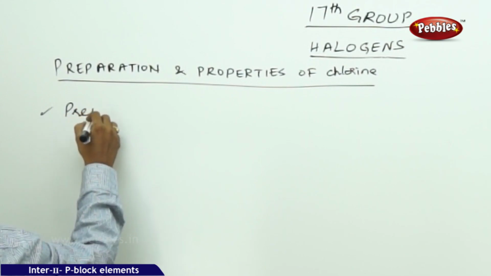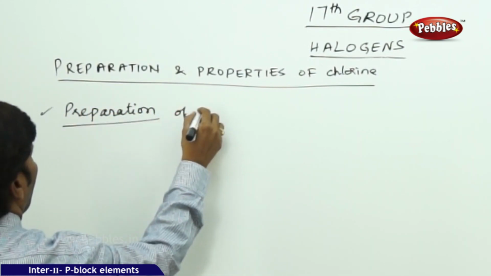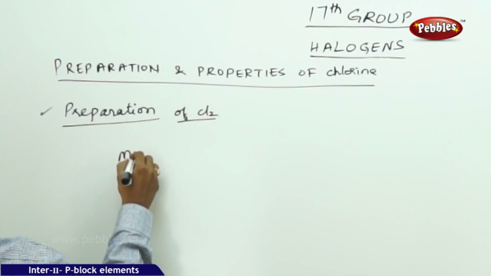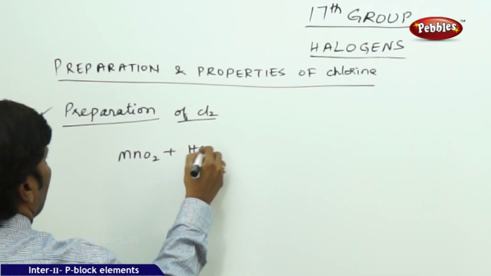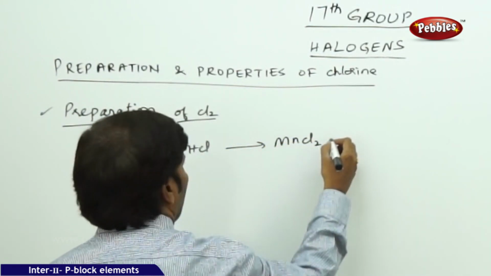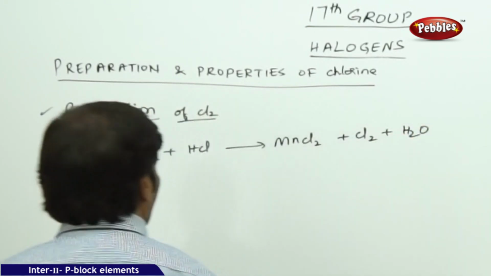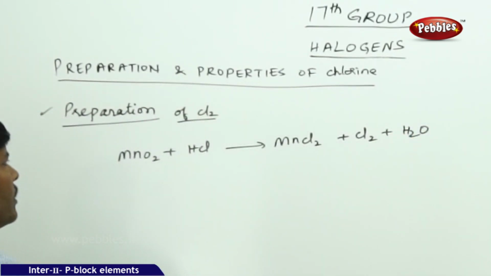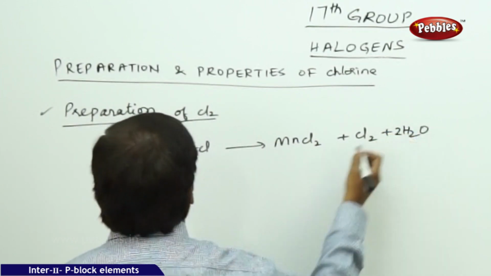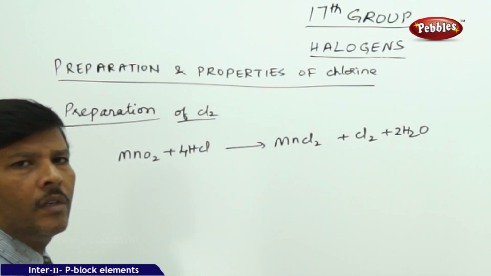In the preparation of chlorine, you can take manganese dioxide when treated with HCl, it forms manganese chloride plus chlorine plus H2O. Yes, we can balance the equation. If I take 2 over here, then I think if I take 2 over here, yes, we can prepare the chlorine gas.